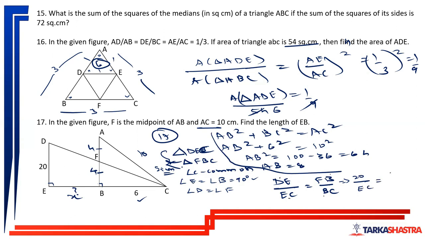It is 4 upon 6. So this is 4 ones, this is 4 fives. EC will become 5 into 6, 30. So if EC is 30, EB will be 24. Find the length of EB. It is 24. Okay, this is how you need to solve the question.